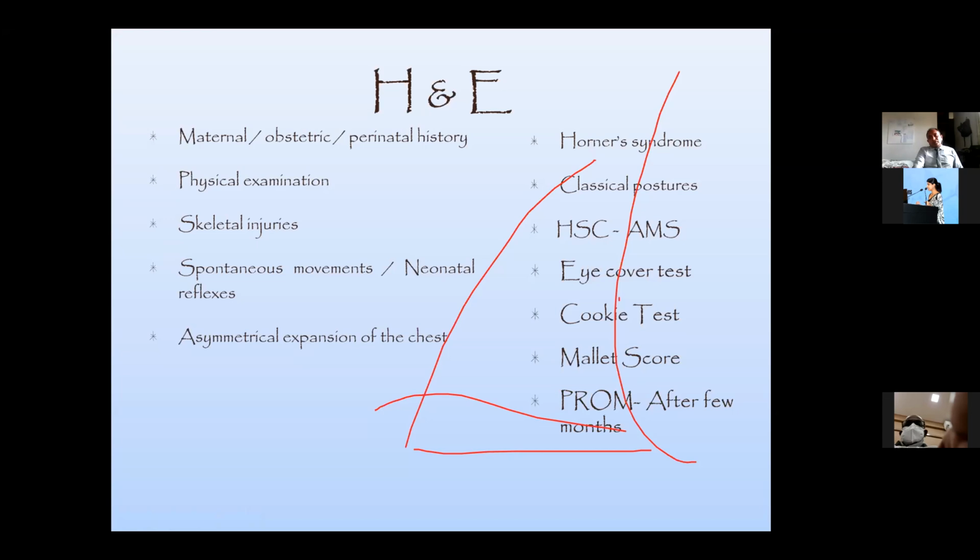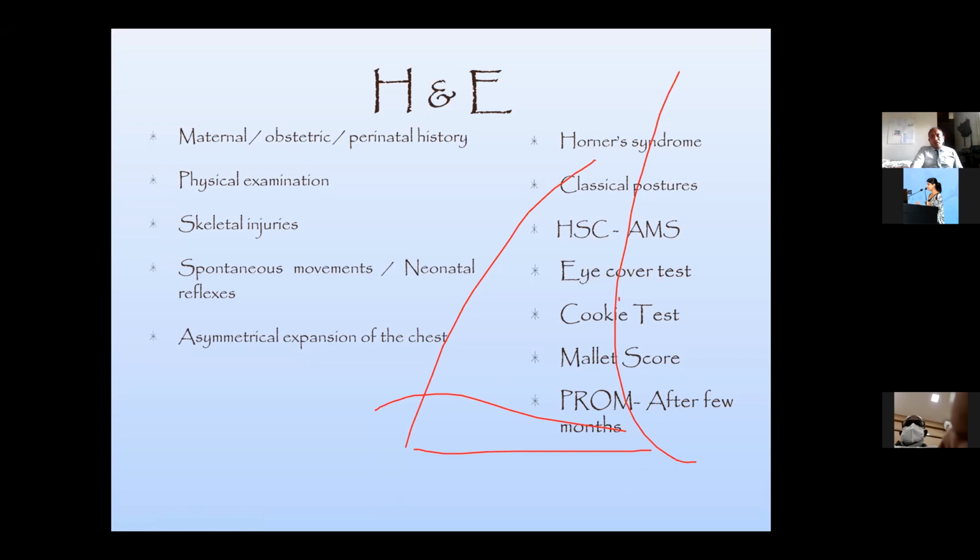You give a cookie to eat, to see whether the infant can pass that cookie test. It's a controversial test. Some brachial plexus surgeons are fond of this. And the mallet score we will discuss. And passive range of movement after a few minutes. Also, we'll be discussing in the next slides.